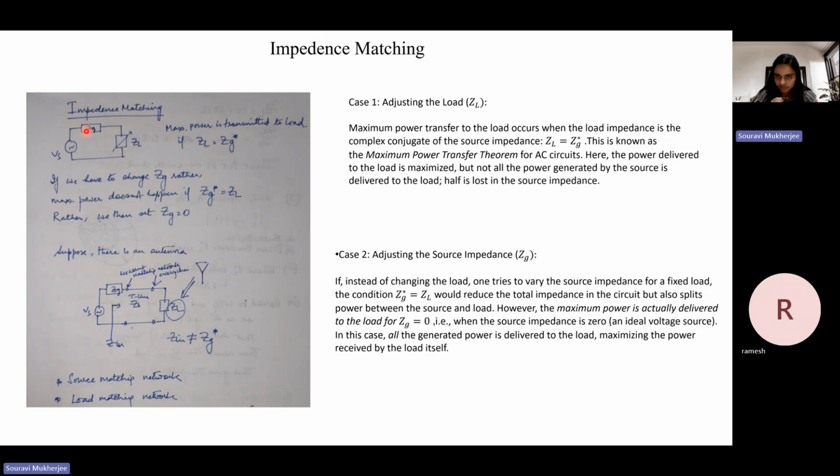So if you have 1 plus j at the load, your characteristic impedance is also 1 plus j. That's the condition for no reflection, or VSWR being 1. But when you are talking about maximum power transfer, if your source impedance is 1 plus j, then your load should be 1 minus j. Two different things.